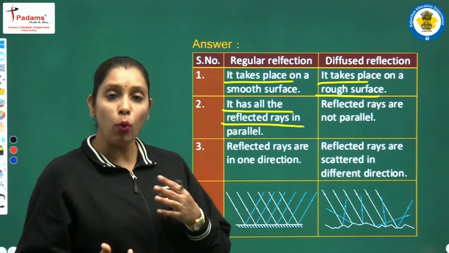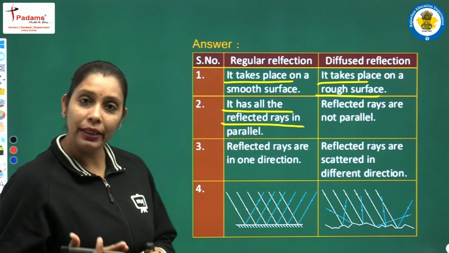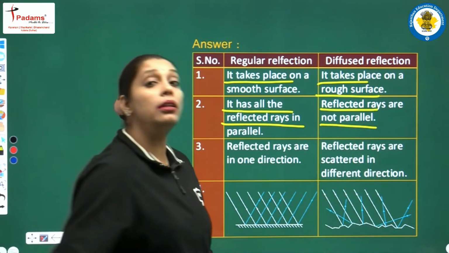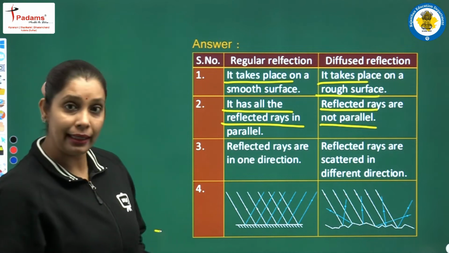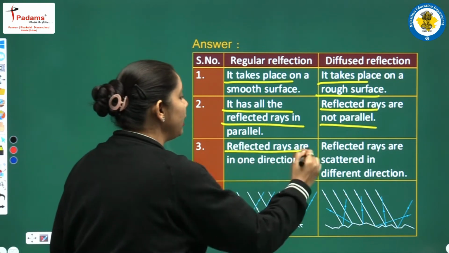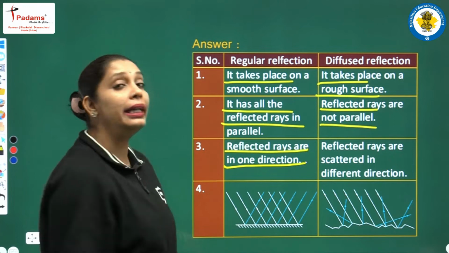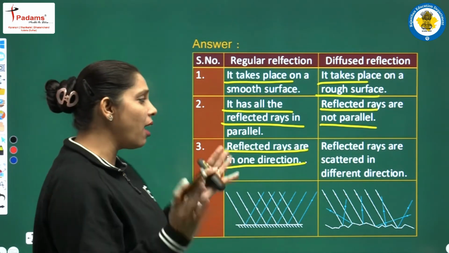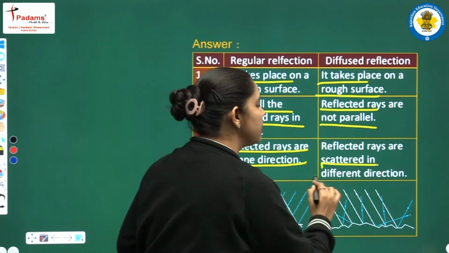It will be more clear with the help of a diagram. Reflected rays are not parallel in diffuse reflection. Reflected rays are in one direction, and here reflected rays are scattered in different directions.